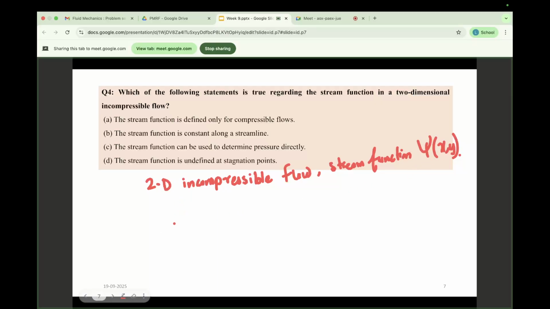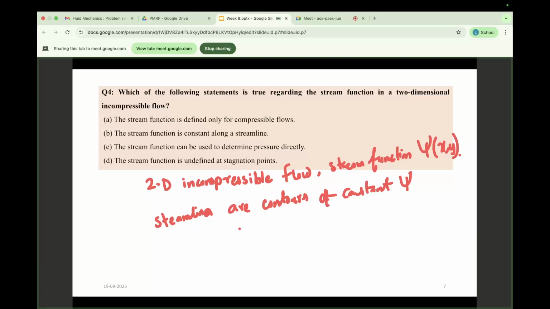So what is a streamline? Streamlines are lines which represent a constant value of psi, contours or lines of constant psi. Okay. So that is the identification of a streamline.